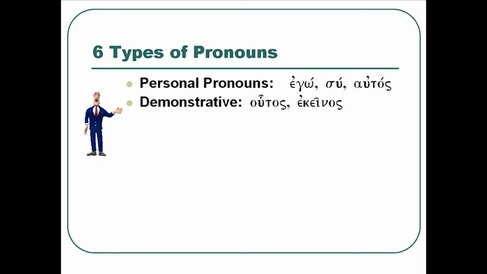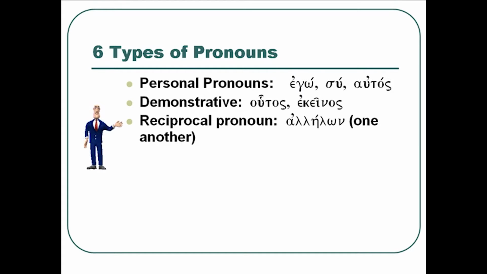We also had the demonstrative pronouns, the this and that, proximity kind of pronouns, houtos and ekeinos, this and that. We've looked briefly at the reciprocal pronoun, allelon, that's one another, back and forth, reciprocal pronoun.